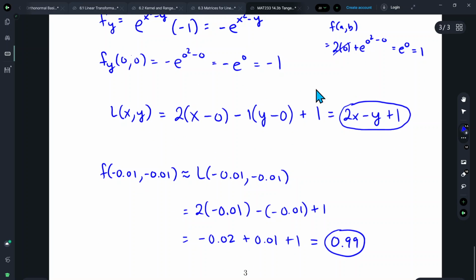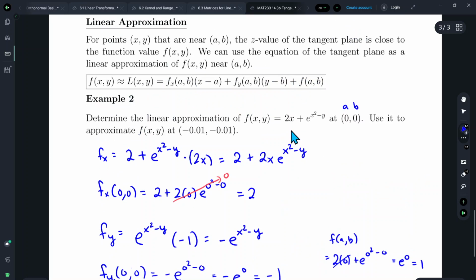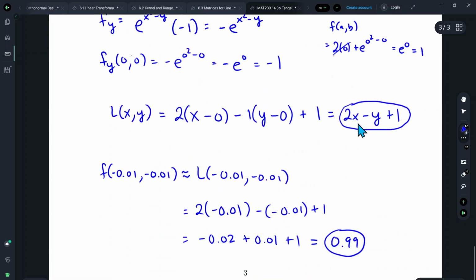But the general idea of doing linear approximations, where you're replacing something that's non-linear with something that's linear and much simpler, is a common theme that's used a lot when you're trying to do complicated numerical calculations. Okay, in any case, this is the answer to this linear approximation example.